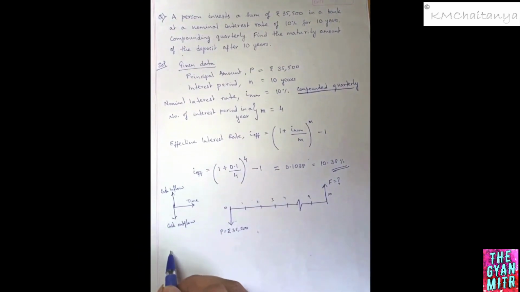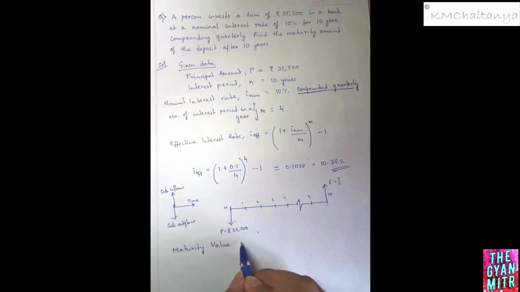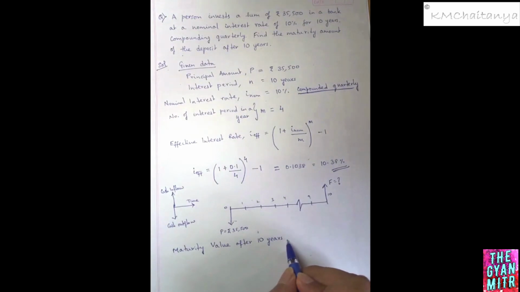So we have the equation, the maturity value after 10 years, that is the value of F, is equal to P into (1 plus I).